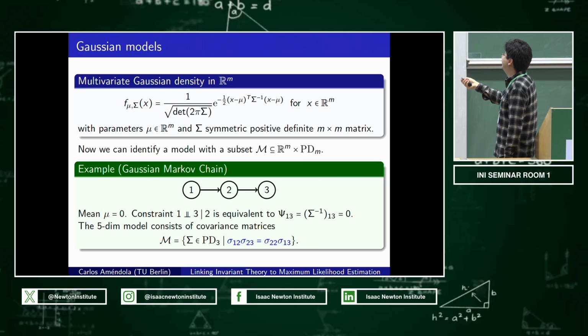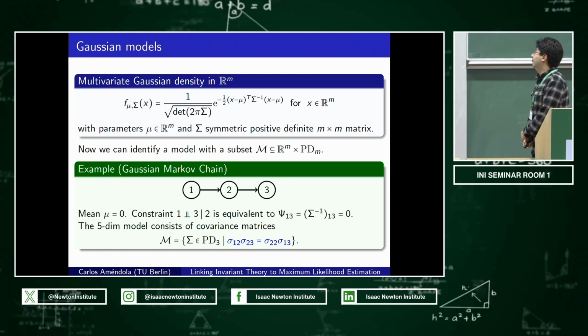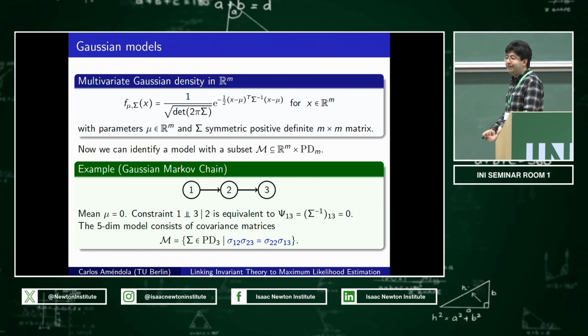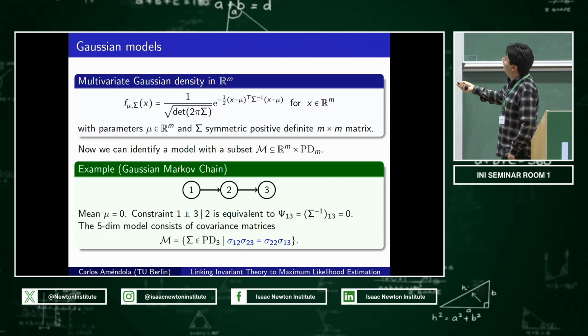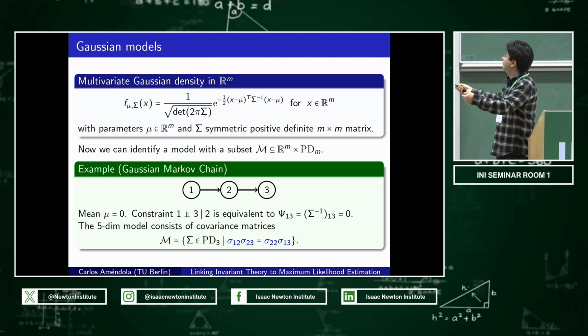To guess what's going to happen in the future, given 1 and 2, you only care about 2. Another way of saying this is that 1 is independent of 3 given 2. In terms of the parameters, it turns out this is a very nice condition on the inverse of the covariance matrix: the entry 1,3 in the inverse must be 0 whenever this happens. So it's an if and only if.